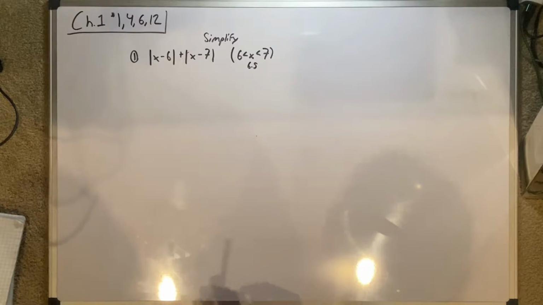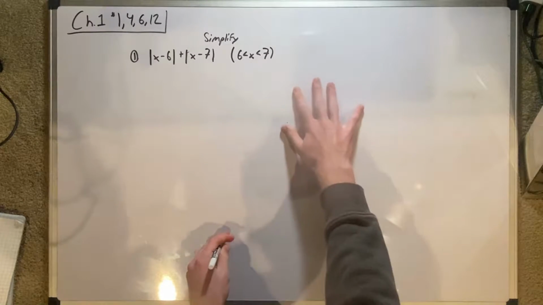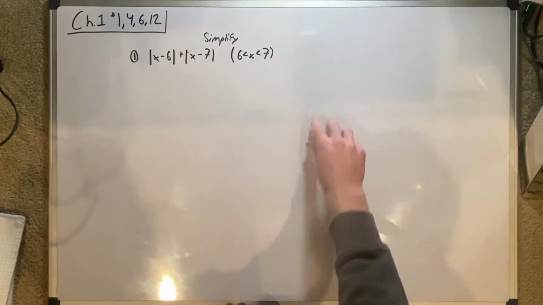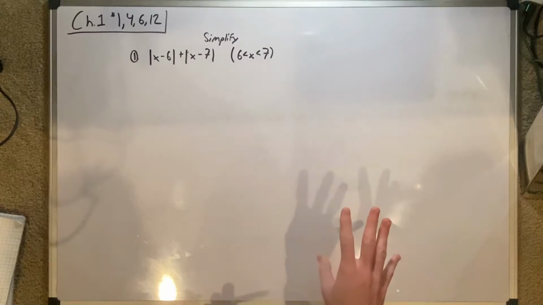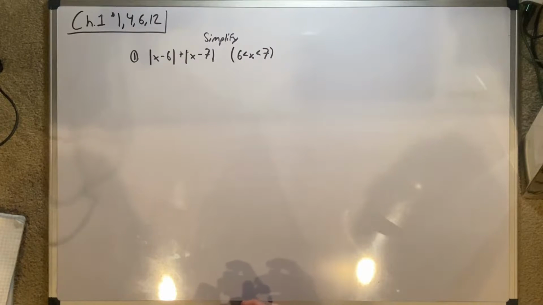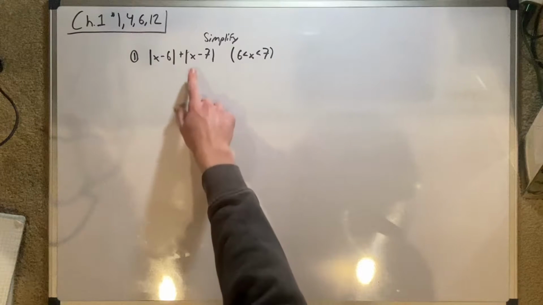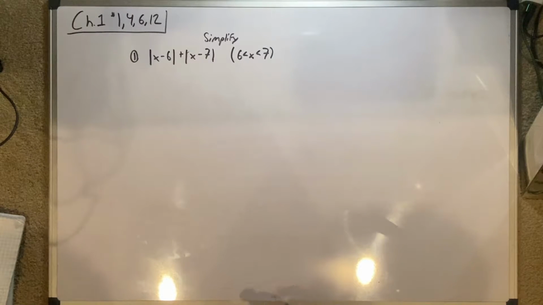But I'm not going to do that, and I'm going to do it the logic way, because doing it that way opens you up to errors where something down the line says, don't do that, or it says explain your thinking in regards to absolute values as opposed to just plugging numbers in.